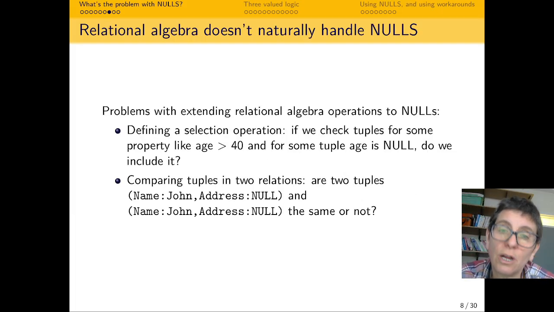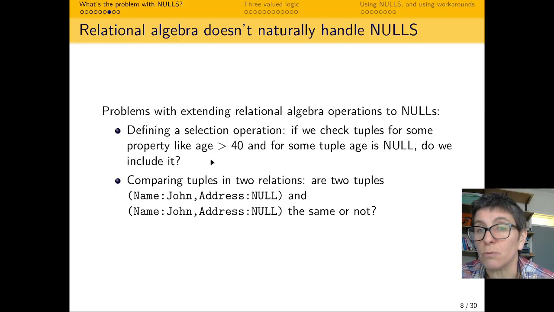We've looked over the last couple of weeks at the concept of relational algebra in the lectures. If you don't know what relational algebra is, then perhaps this isn't the video for you. But if you've got queries, you've got selection operations, you've got things which operate on your data relationally, nulls are going to cause a problem.